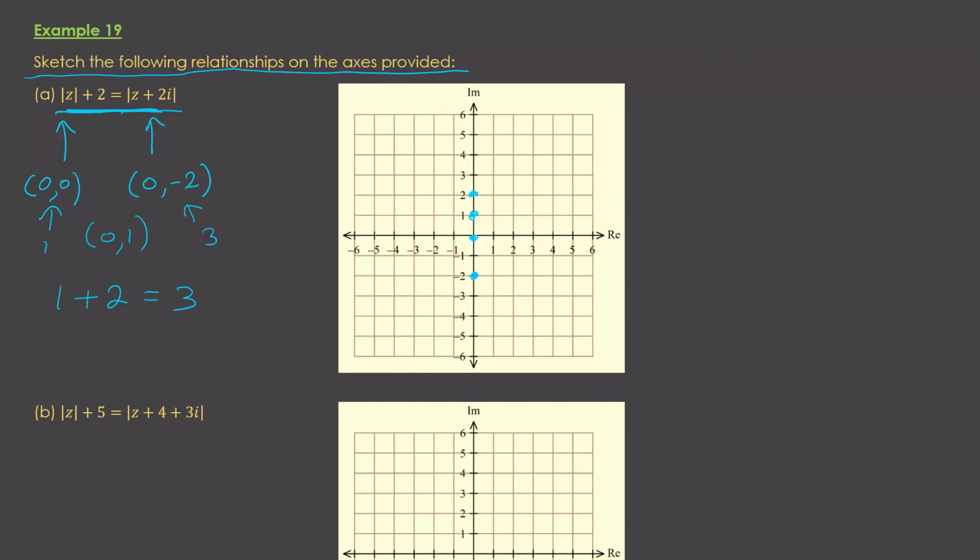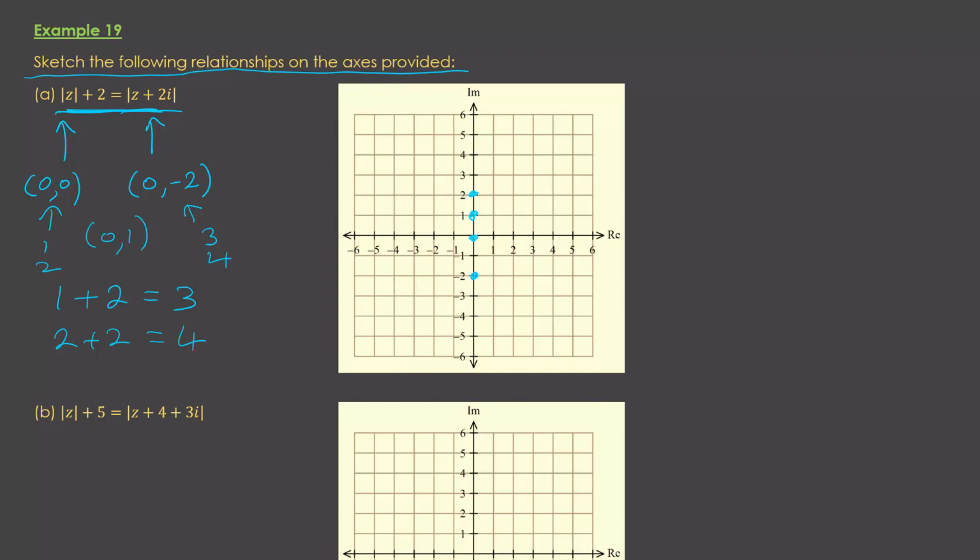What about this point here? The distance from 0, negative 2 is 4. The distance from 0, 0 is 2. Substituting into the equation, 2 plus 2 is equal to 4. So that point is as well.